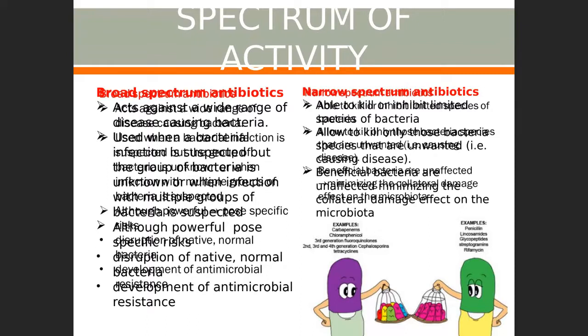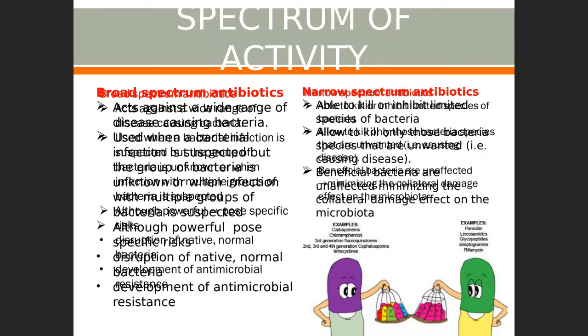Now, when are these agents used? Narrow spectrum antibiotics are used when the actual bacteria causing the infection is known. If we know the bacteria which is causing the infection, then narrow spectrum antibiotics can be used.